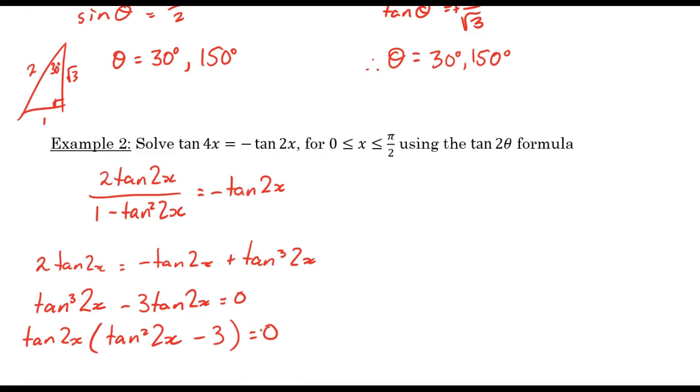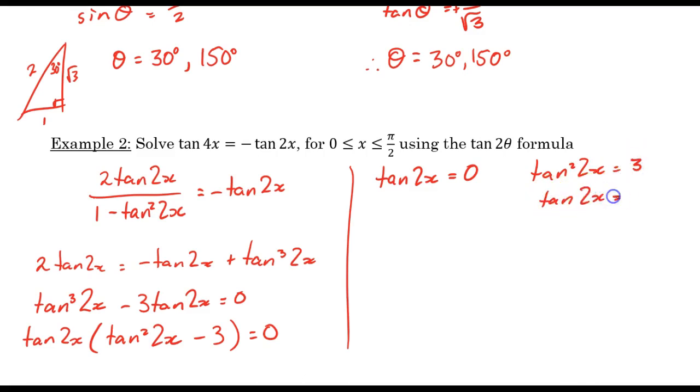I'm going to have to switch my working over this side now. So that means that either tan 2x equals 0 or tan squared 2x equals 3, which means that tan 2x equals plus or minus root 3.